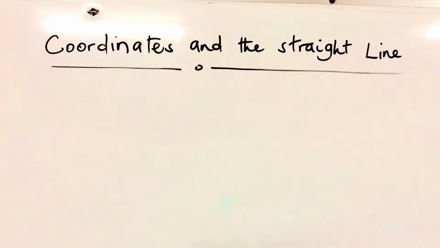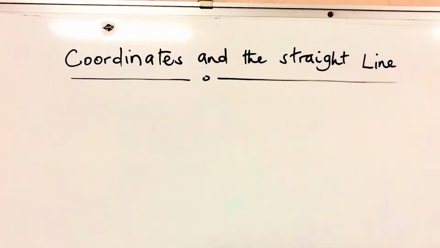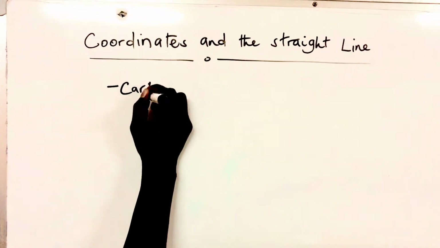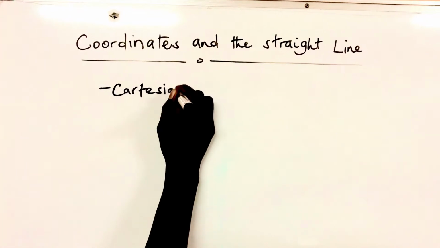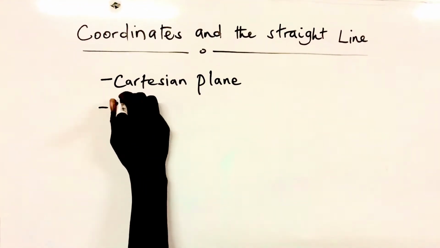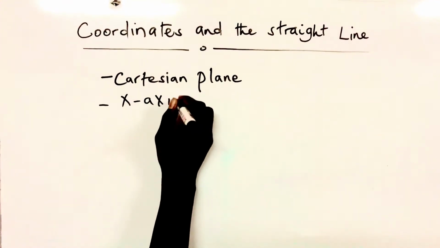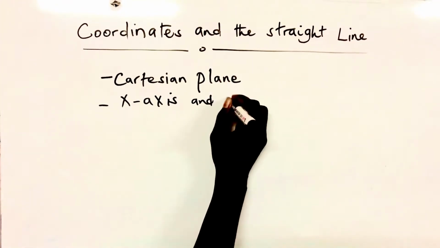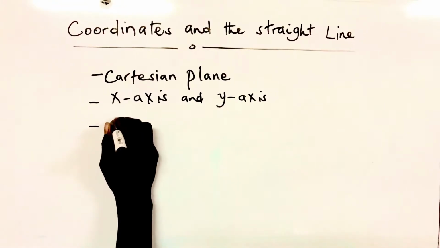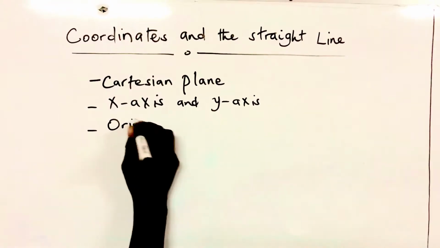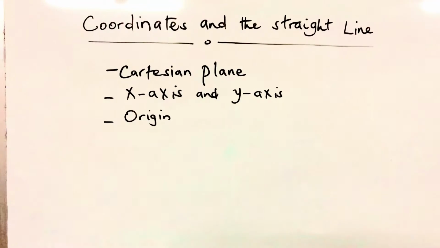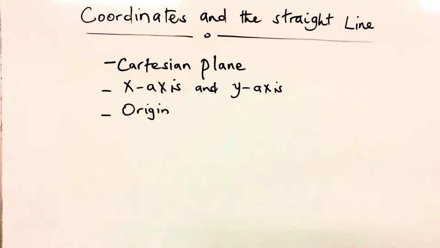When we talk about coordinates and a straight line, we are talking about the Cartesian plane, the x-axis and the y-axis. We shall not forget the origin, which is the center at which the x-axis cuts the y-axis.